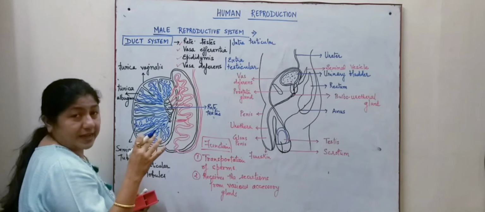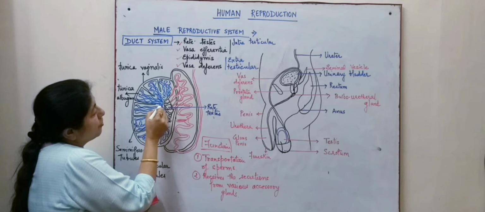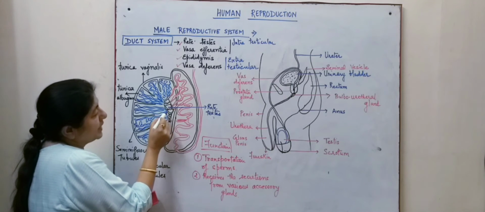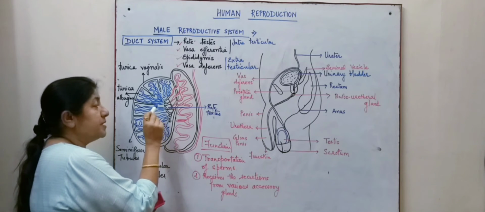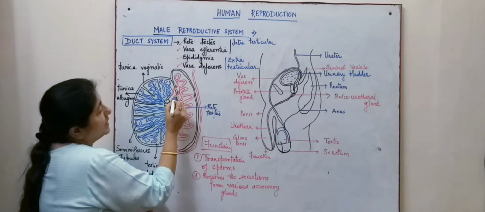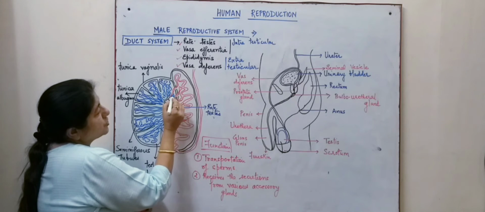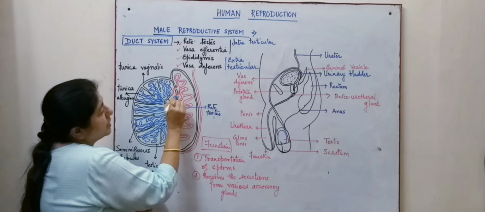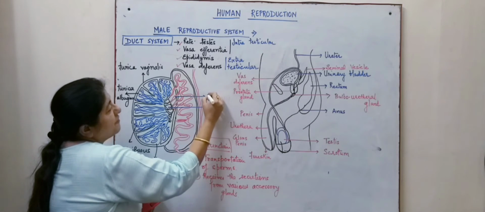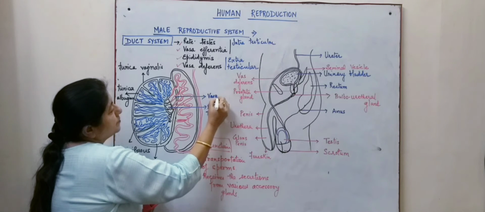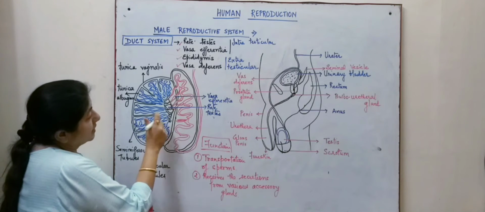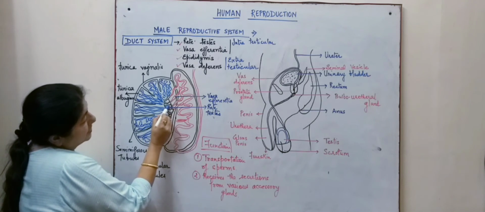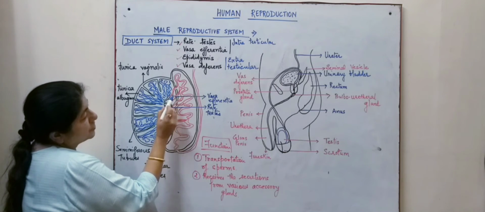Within the lobule each tubule is highly convoluted, and later on it becomes slightly straight and opens up into the rete testis. From here, the sperms are carried to these tubular structures, which are known as vasa efferentia. These vasa efferentia are 15 to 20 in number.